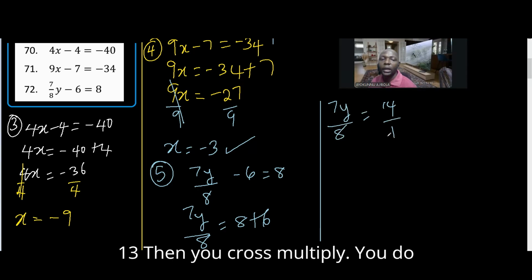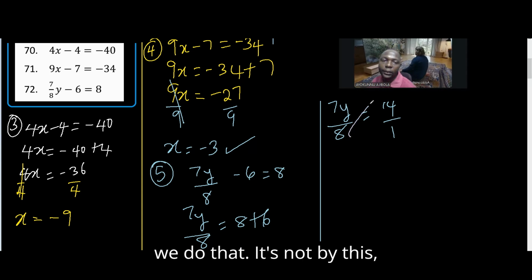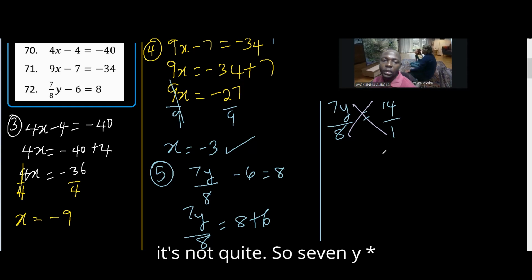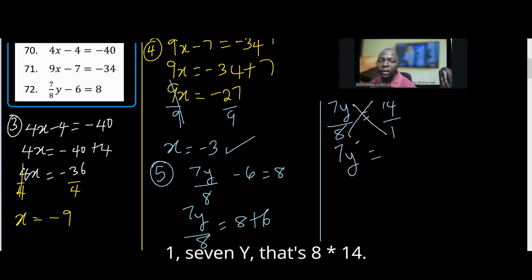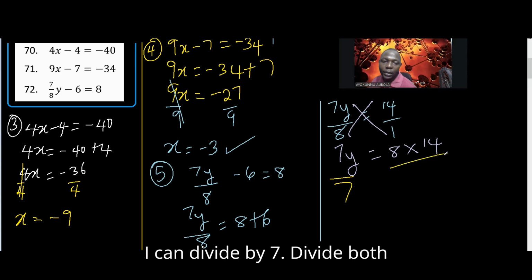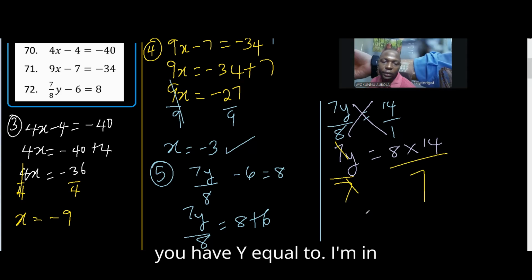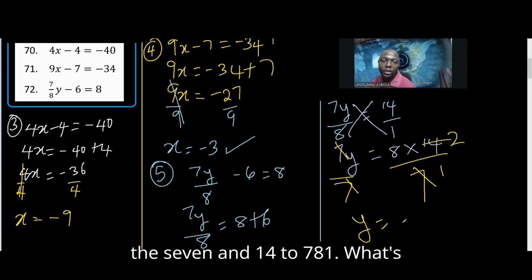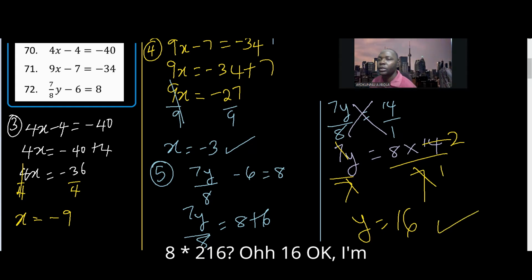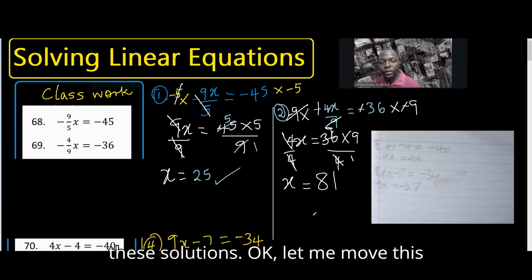Then you cross multiply: 7y times 1 is 7y, and 8 times 14. Divide both sides by 7. 7 cancels 7. Then y equals 14 over 7, which is 2, so 8 times 2 is 16.